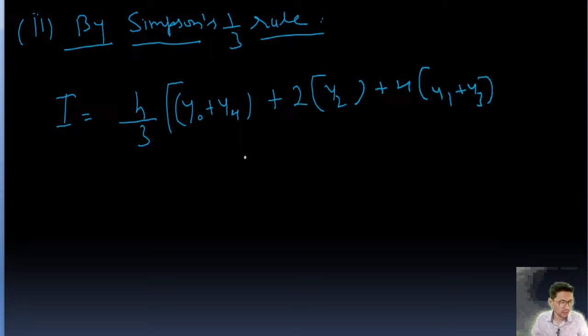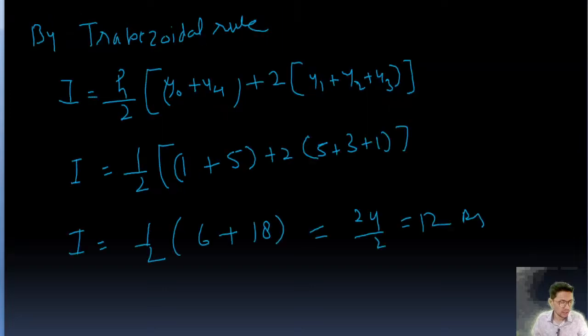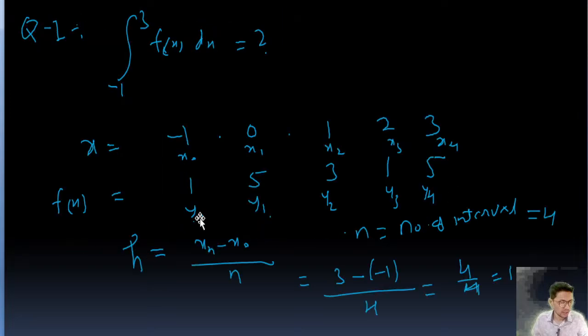Well, so this value is going to be now, h value is 1, we have already found, right? 1 by 3 into y0 is 1, y4 is 5, right?